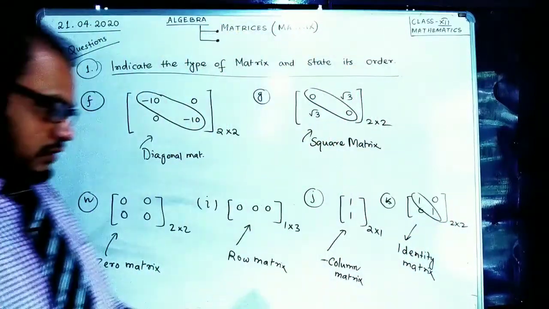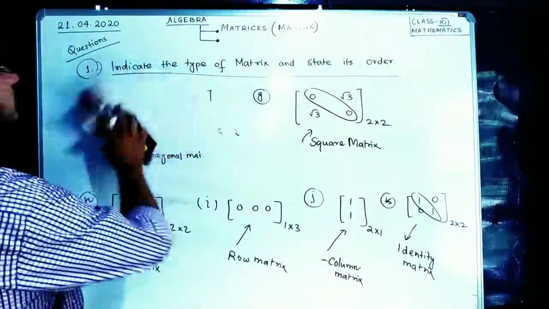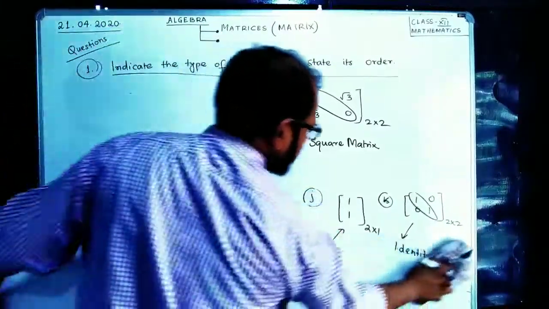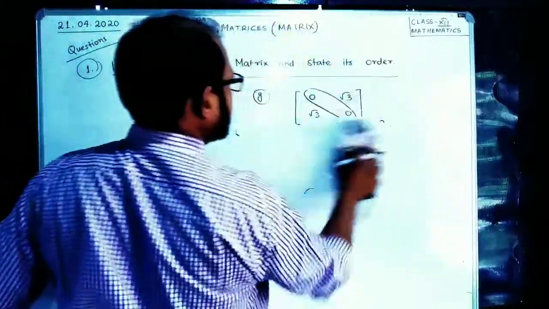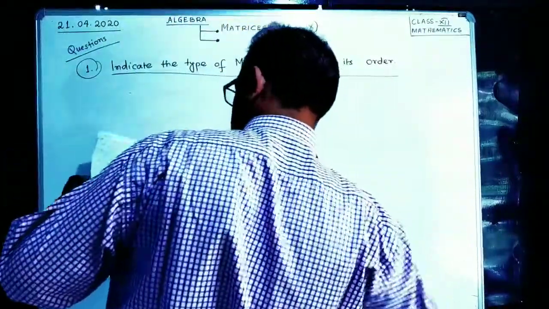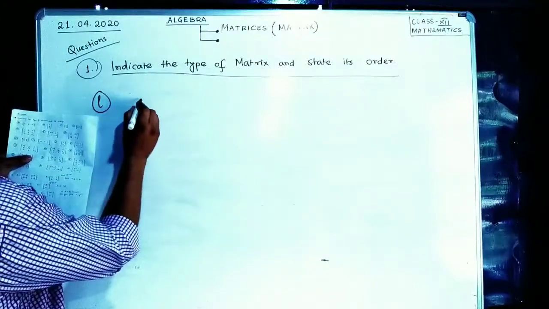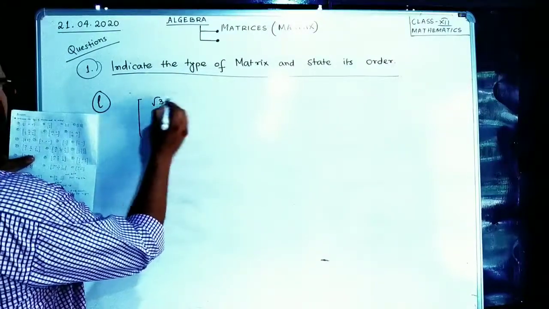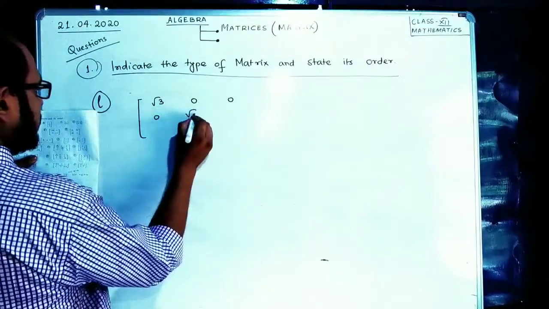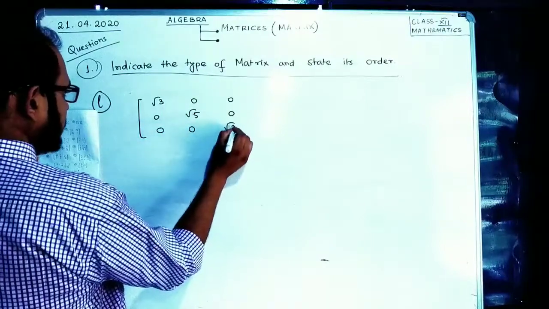Let's delve into more examples. Square root 3, 0, 0, 0, square root 5, 0, 0, 0, square root 7.